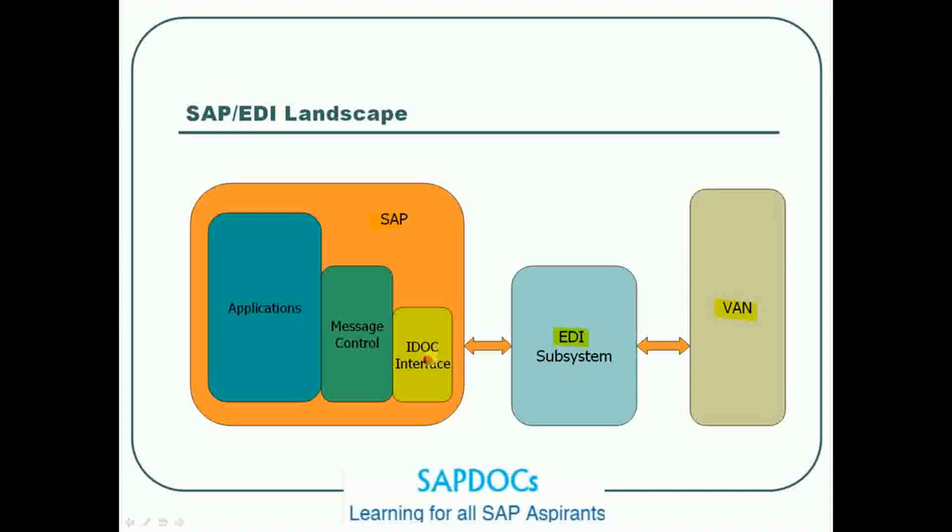It's a one-time setup, and once that is done, the transaction flows back and forth. The EDI subsystem is the second system in this landscape. Then we have the VAN, and in the subsequent slides we will explain these different components in a bit more detail.